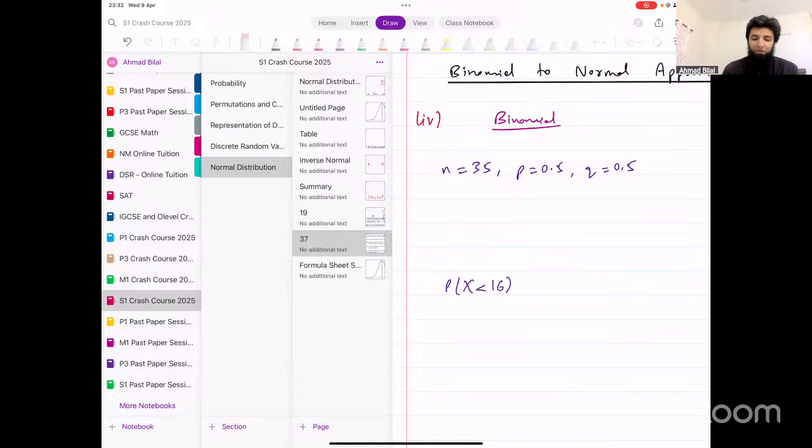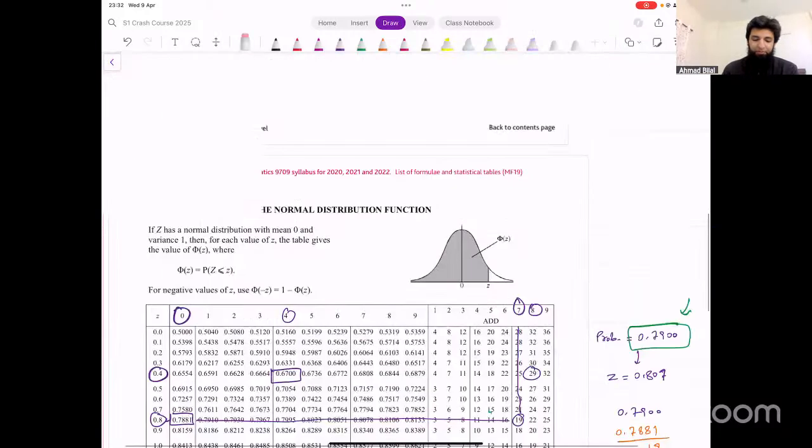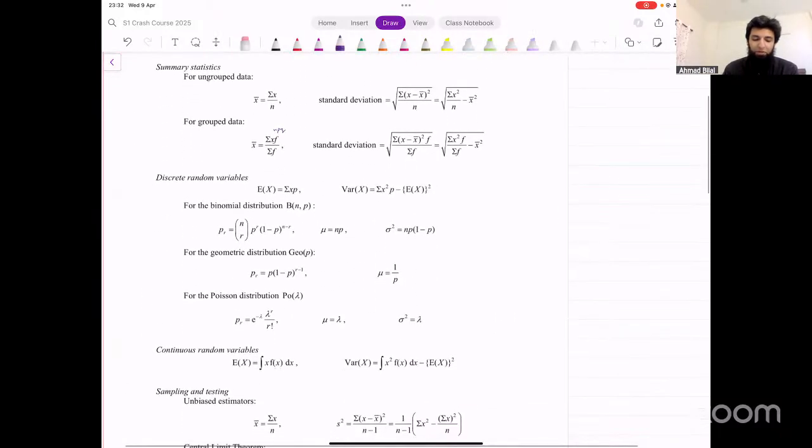Remember the formulas for binomial distribution? For a binomial distribution, mean is given by n times p, and variance is given by npq, right? That's the same thing as n times p times (1 minus p). This can be written as n times p times q. That's the variance. Okay. Now, if this is the variance, what about standard deviation?